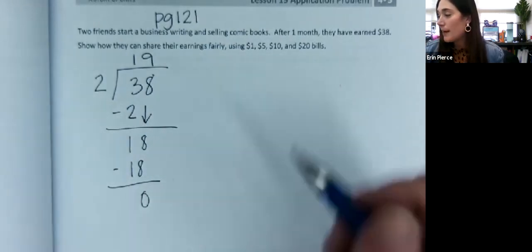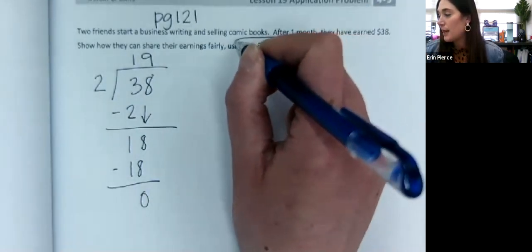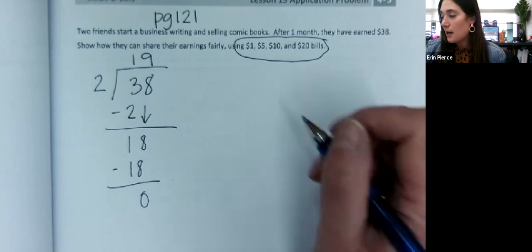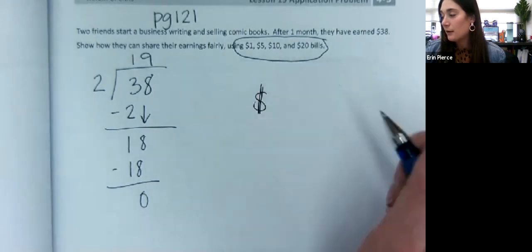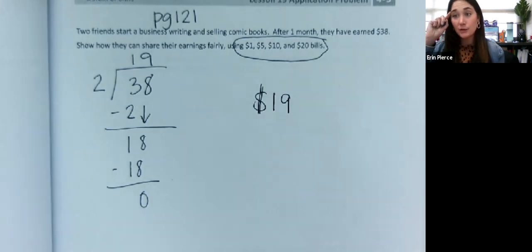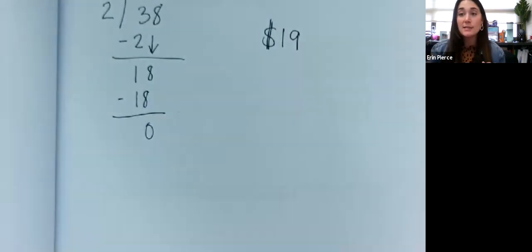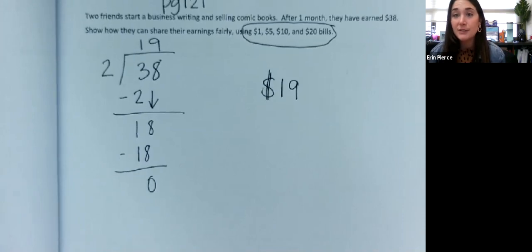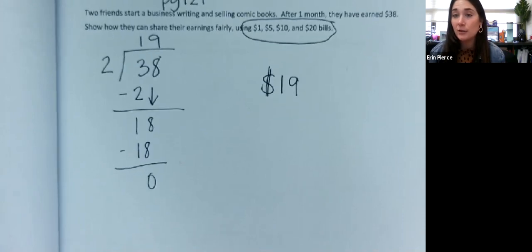So going back to what is being originally asked, how can you make $19 fairly amongst our dollar bills? Each person needs to get $19. So what are some different ways you could use $1 bills, $5 bills, $10 bills, and $20 bills?